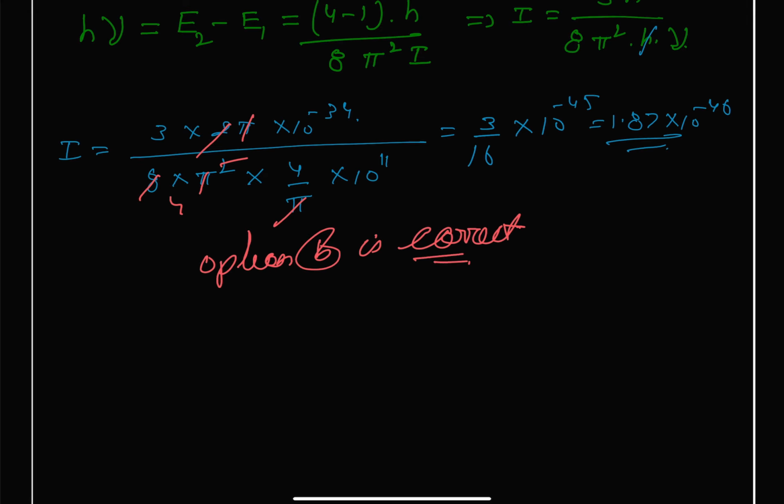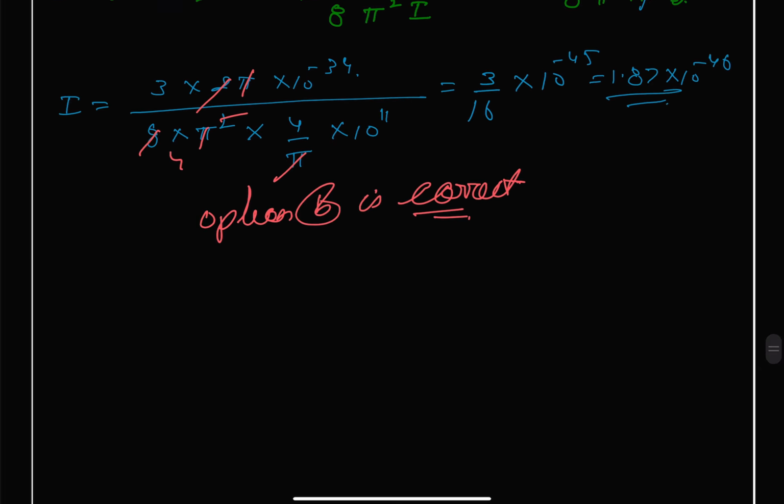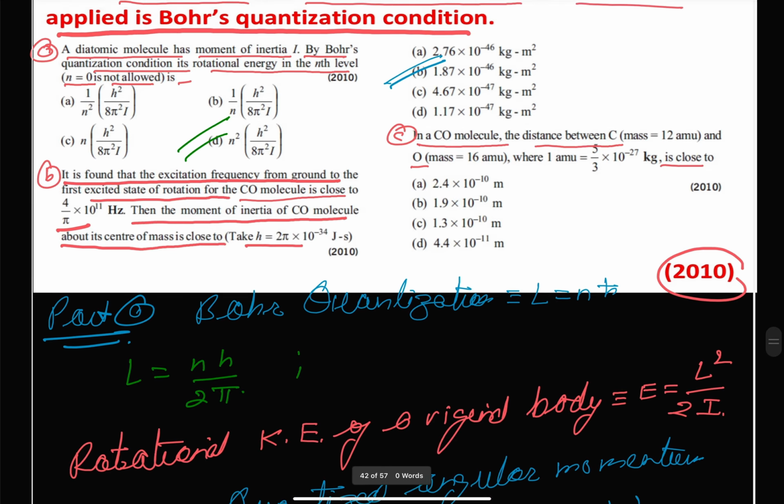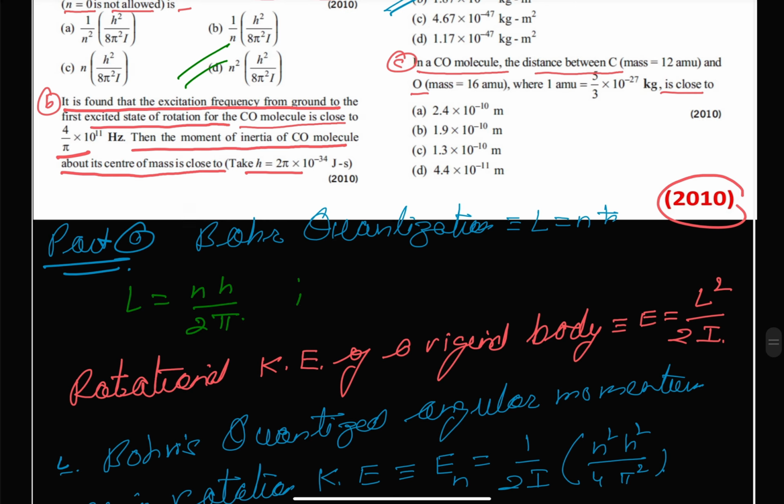Okay, we come to the parts now. Sorry, one part is left. Part C. And in part C, it states that we have to find out the distance between the C as well as the oxygen molecule.